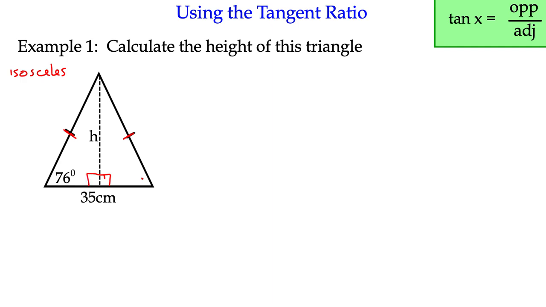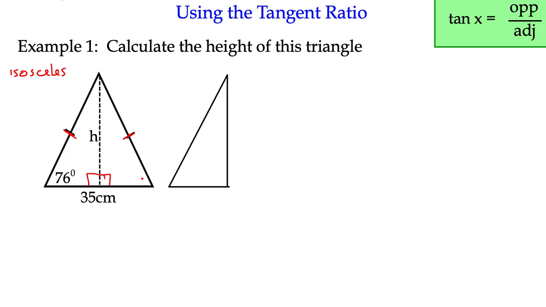What I'm going to do is redraw half of the triangle. Sometimes it helps when you do it that way. Okay, so I'm going to do the left one, just half of it. And you can see here, there's a right angle.